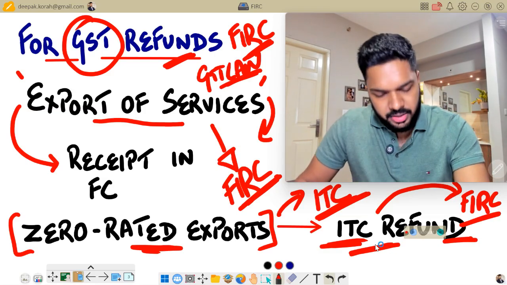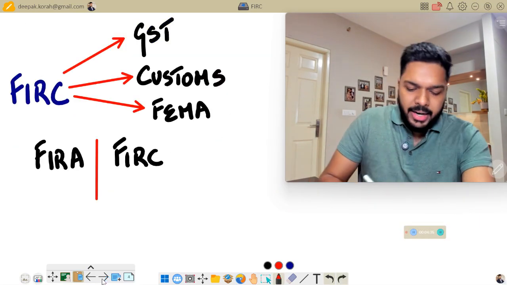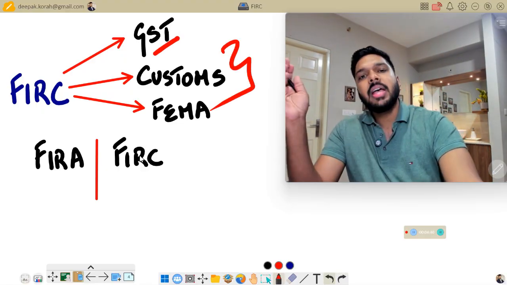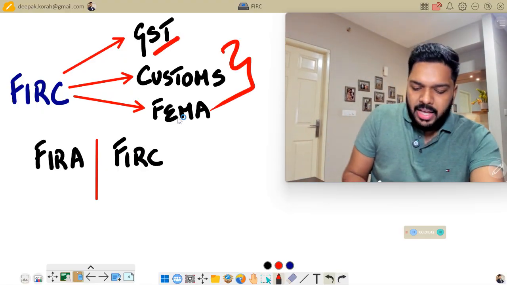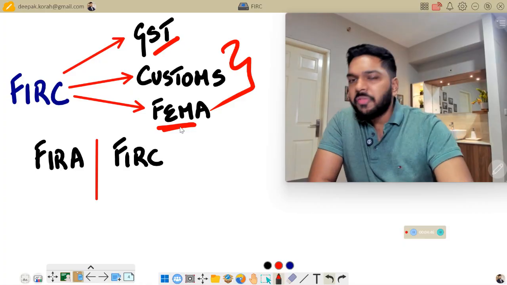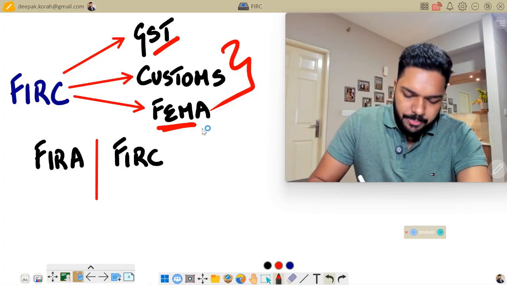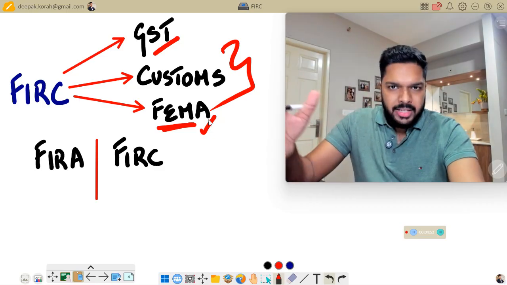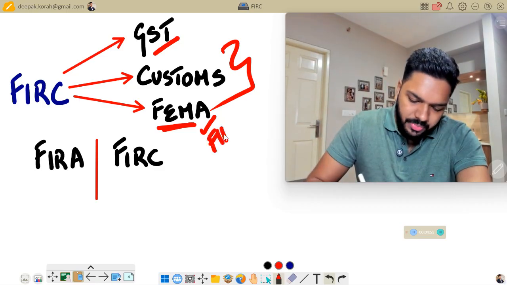In addition to GST, you have certain provisions under the Customs Act which mandates the submission of an FIRC. Even under FEMA, Foreign Exchange Management Act, where you need to prove to the RBI and under the FEMA Act that you have received the payment within so and so days, you need to furnish an FIRC.